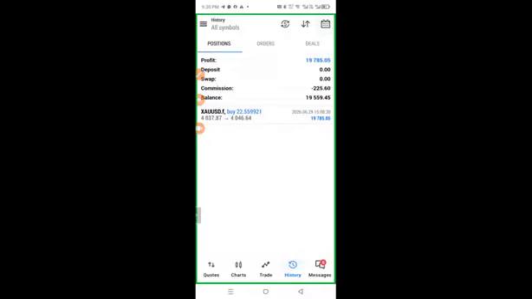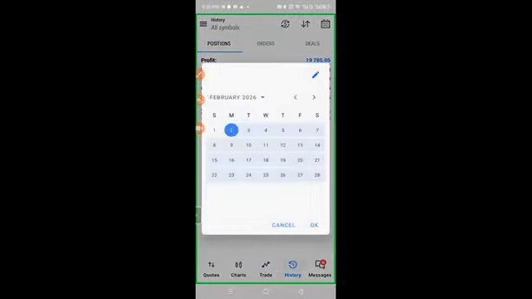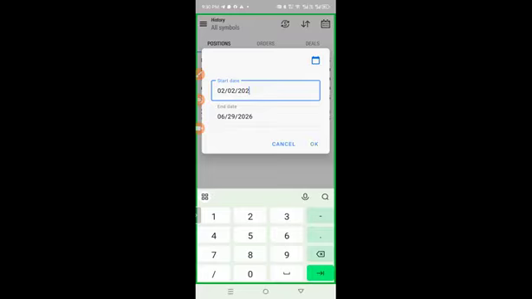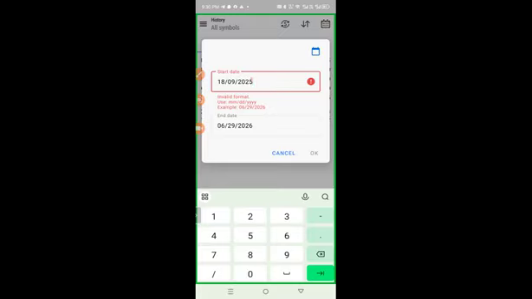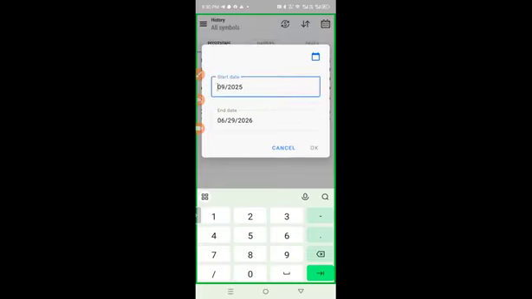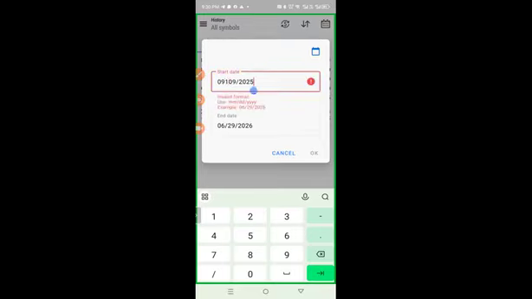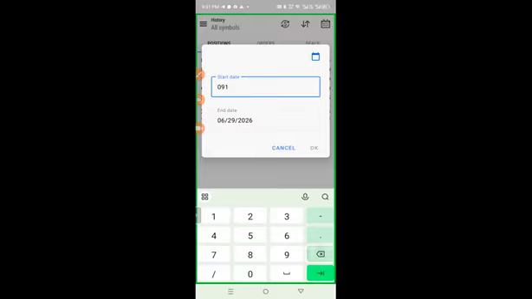Because this account started in 2025, September to be precise, September 18th, 2025. Today is the 29th, so let's click OK.